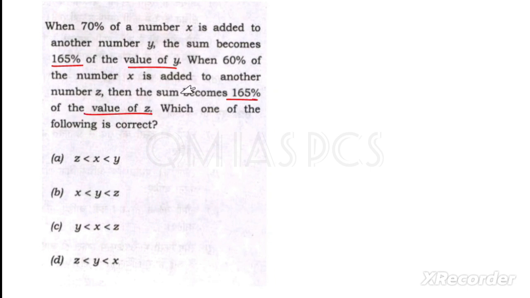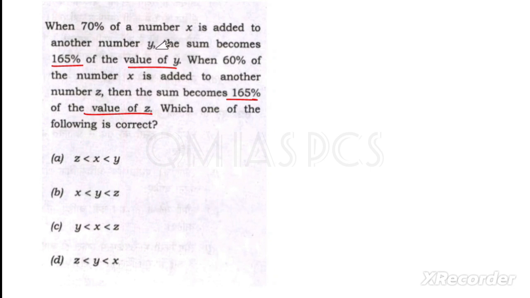We have to see which value is greater and which value is smaller. Whenever I am giving any question, just try yourself instead of just looking at the solution. If you are not able to solve this question, then look at my solution.